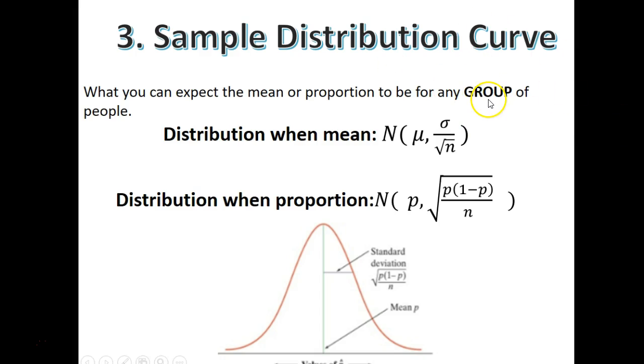When I'm doing that, I can't just use the basic normal curve or the standard normal. I need to use a sample distribution curve. I'm going to describe the distribution either like this if I'm talking about means, like a score on a test, or like this when I'm talking about proportions, like the percent of people who smoke or the percent of people who have their driver's license.